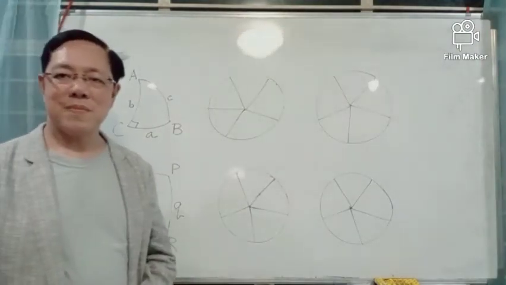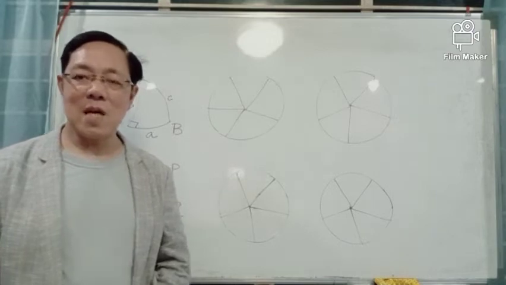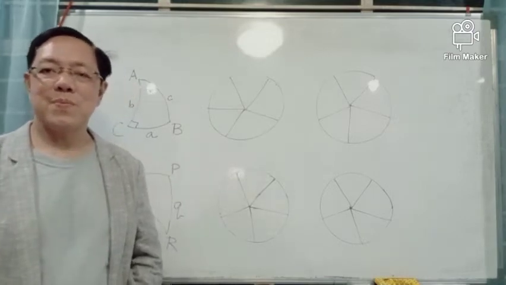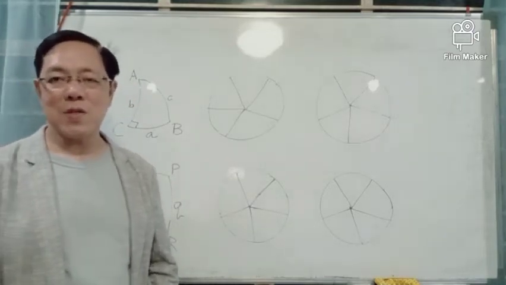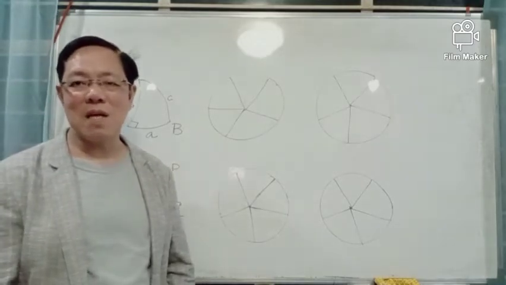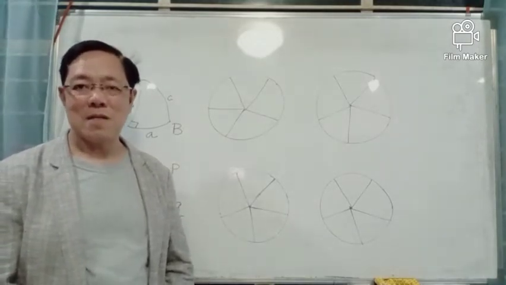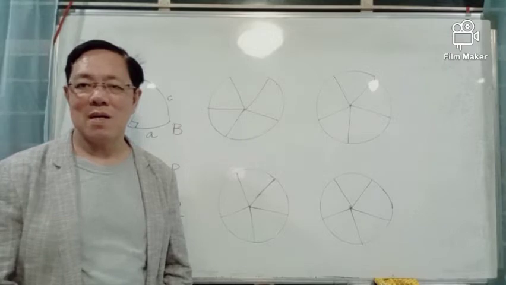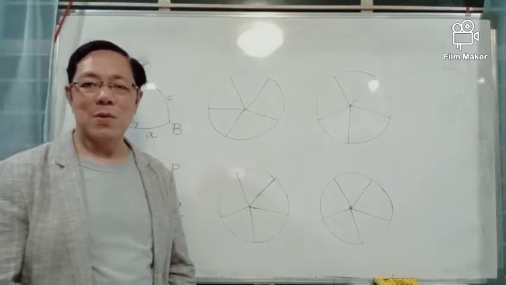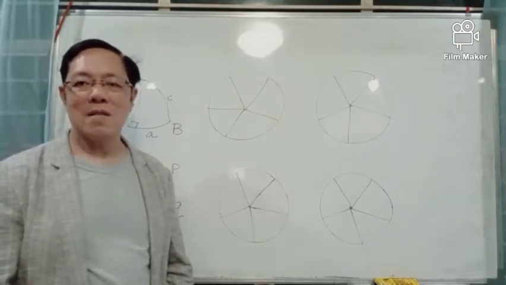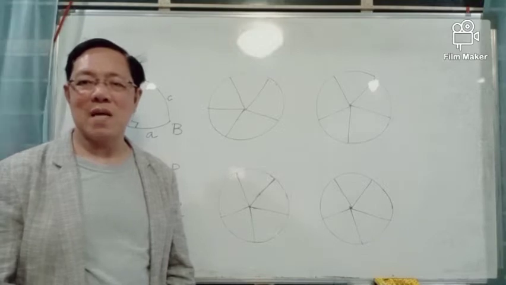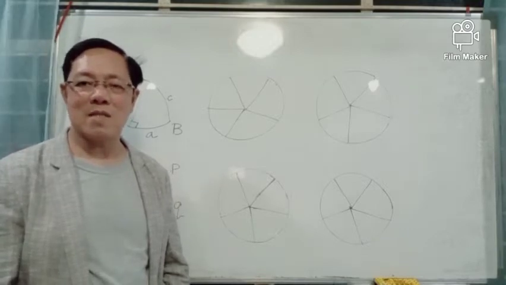In translating Napier's rules into an equation, we need a device to help us remember them. And we call this device a mnemonic device.